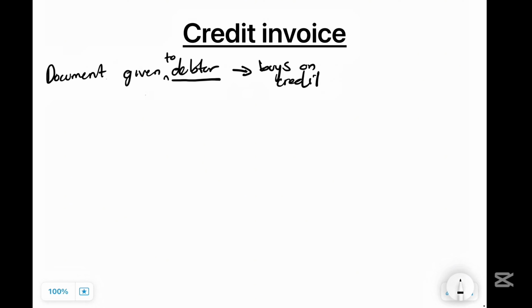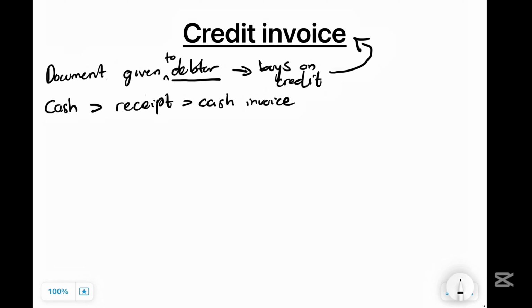So when this debtor buys on credit, they receive a document called a credit invoice. The same way someone who buys on cash will receive a receipt or a cash invoice.